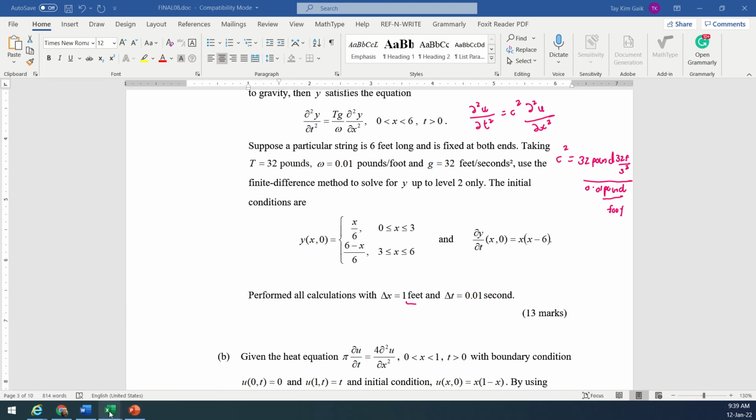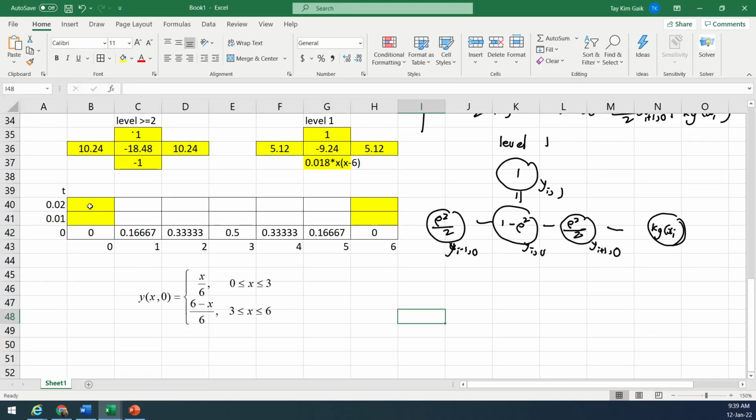Yes, 0. For wave equations, the boundary condition is always 0 because it is fixed and cannot move. In this case, y is the displacement of the string. It's fixed, that's why it cannot move. That's why both sides must be 0.